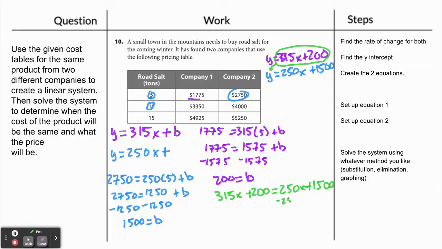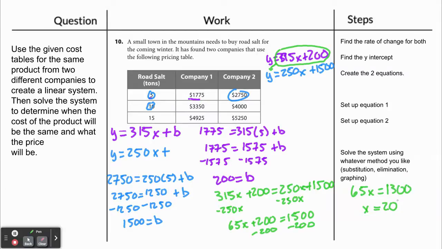So subtract 250x here. So our costs are going to be the same when the tons of road salt are equal to 20.